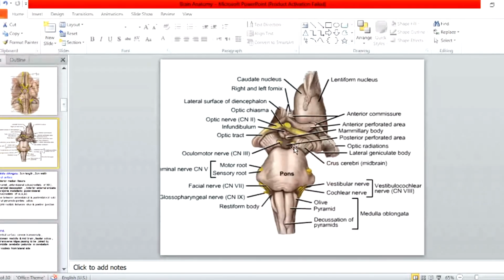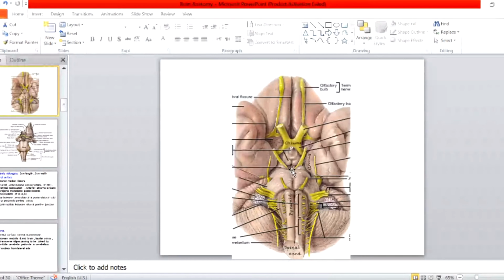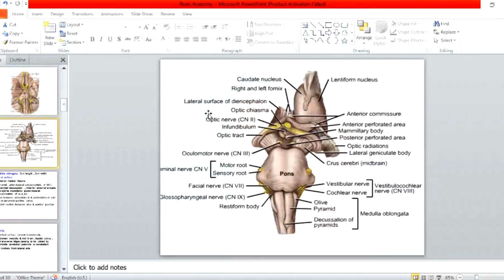Between them, the area is thrown into small pits containing small foramina. This is called the posterior perforated substance; perforated means it contains these openings. From the ventral surface of the midbrain emerges the 3rd cranial nerve, the oculomotor nerve.